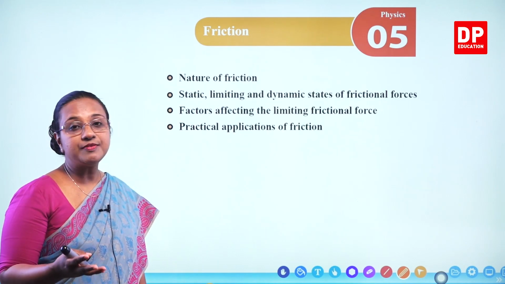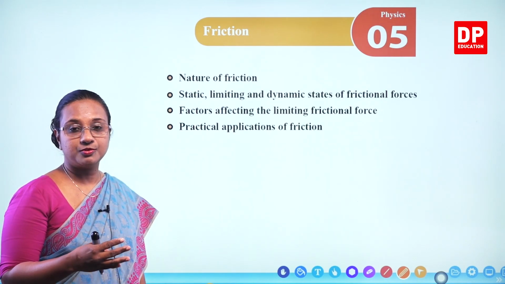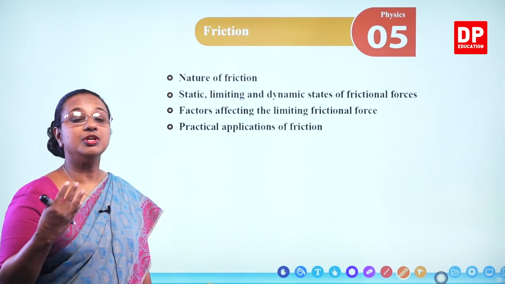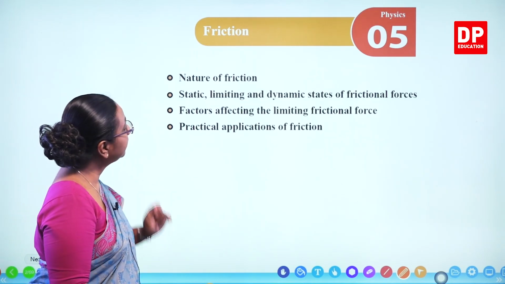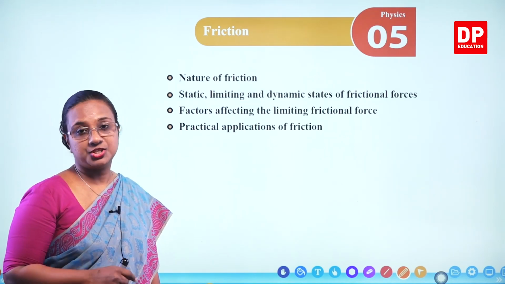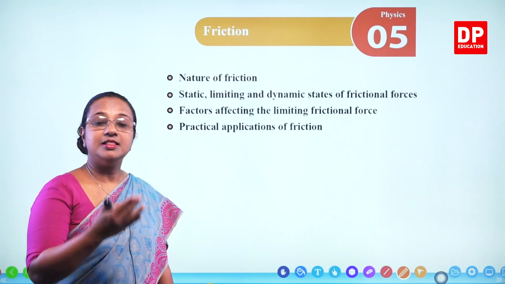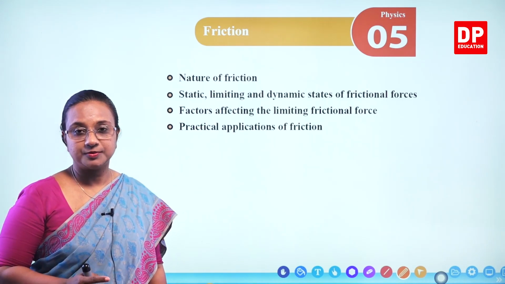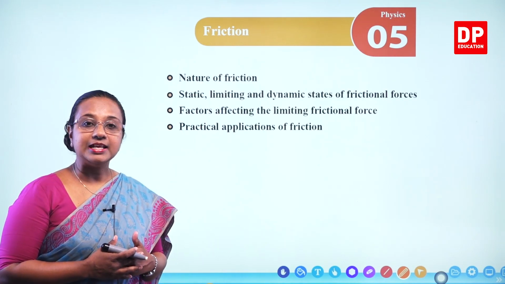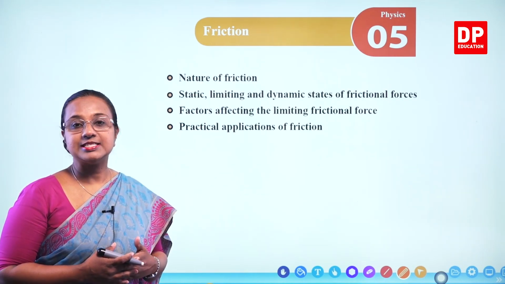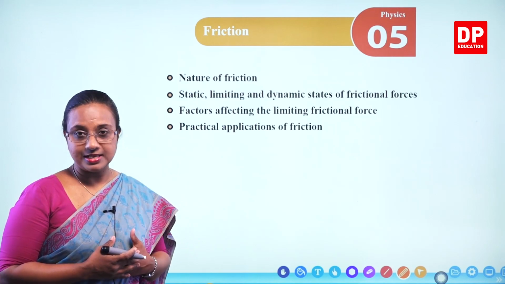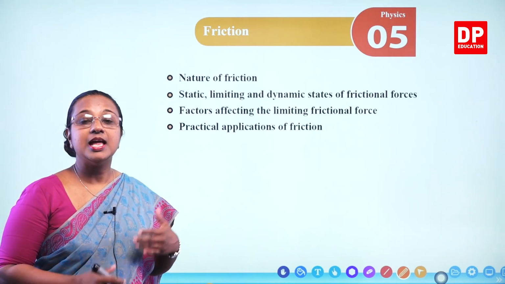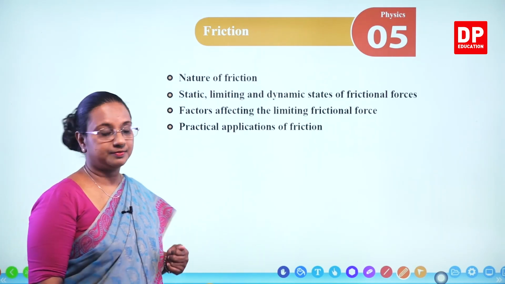So if we know the factors that affect frictional force, we will know how to change it. Practical applications of friction. As I said, the uses and the disadvantages of friction. So with that, we will go into the lesson. We will start the lesson by discussing nature of friction.